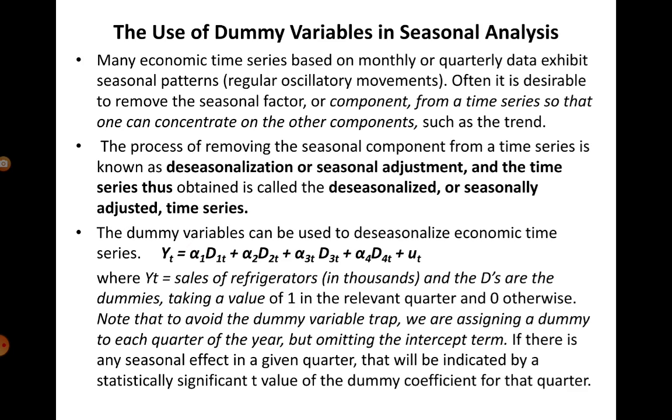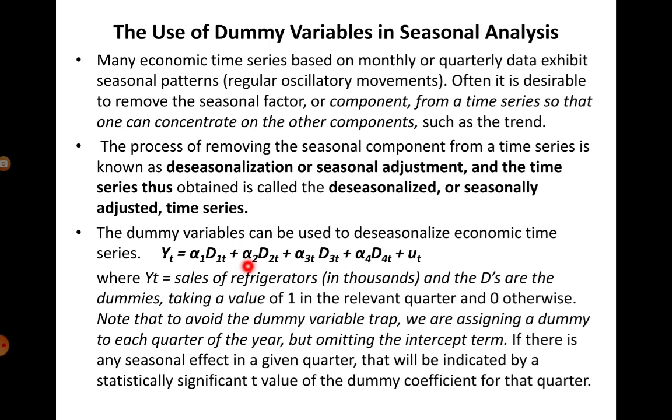Now, if there is any seasonal effect in any one of these quarters, it will be indicated by a statistically significant coefficient of the dummy variable for that particular quarter.